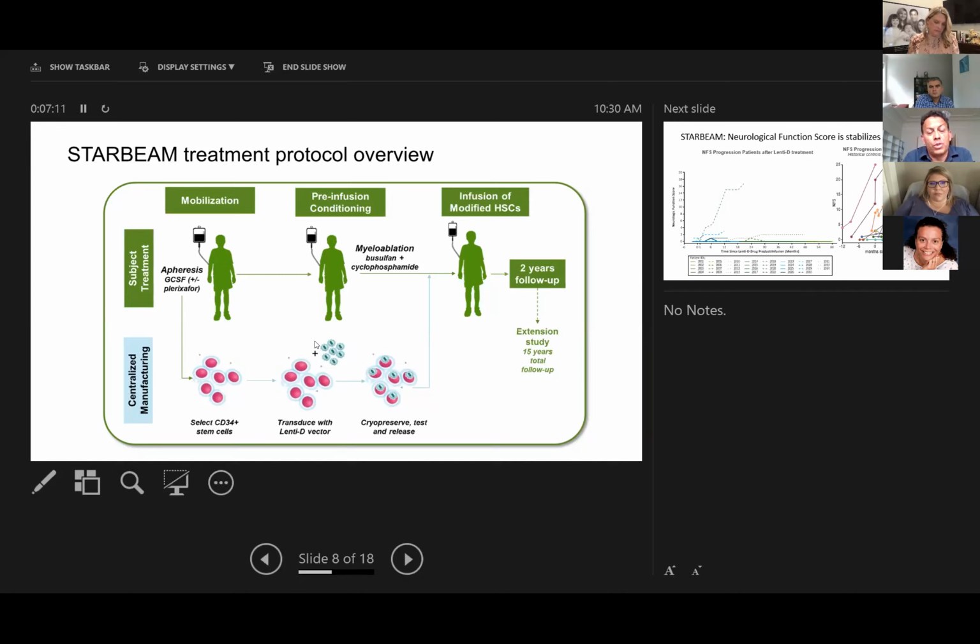And then after a brief amount of chemotherapy with busulfan and cyclophosphamide, we deliver the cells back, and we follow these patients for 2 years. This is exactly the same thing as happens in a bone marrow transplantation, with the difference that these are cells from the boys themselves. So we have here the advantage that they are not recognized as foreign. We don't get engraftment problems. We don't get graft versus host disease.